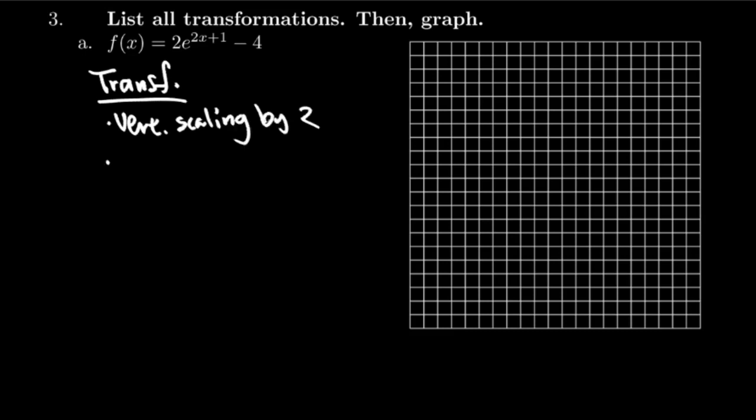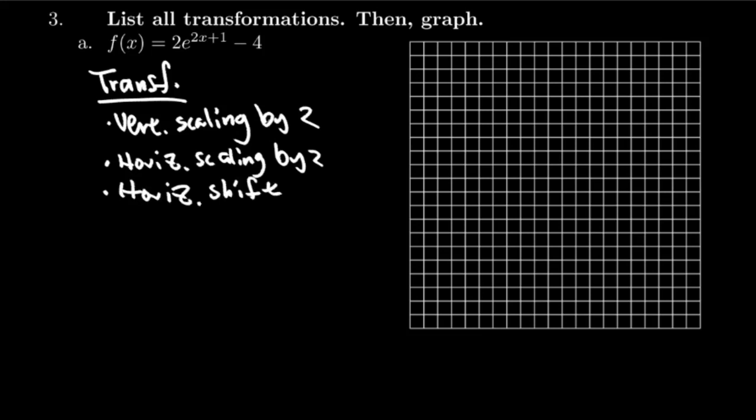And then we have this horizontal scaling by also 2. A +1, that's going to be a horizontal shift. So it's not just 1, because we also have that 2, right? So this is actually going to be by 1/2 left.